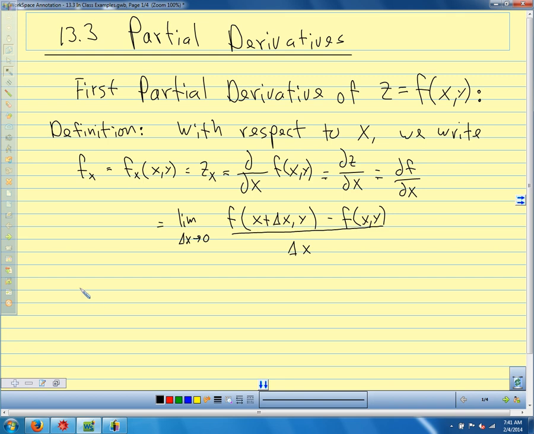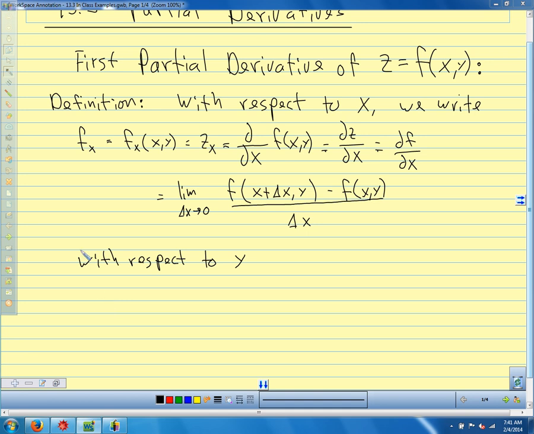With respect to y, we're treating x as a constant. Our notation, we're going to write exactly the same notations, except we have a y instead of an x. And we'll use these all kind of interchangeably.